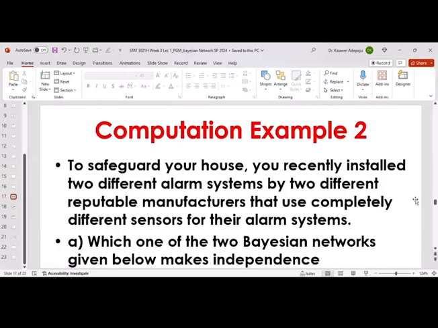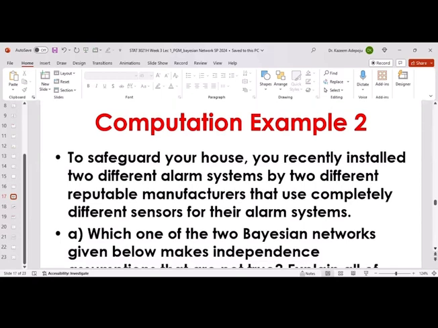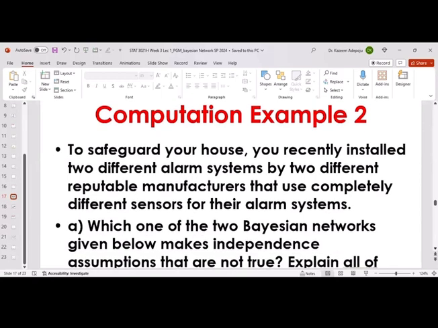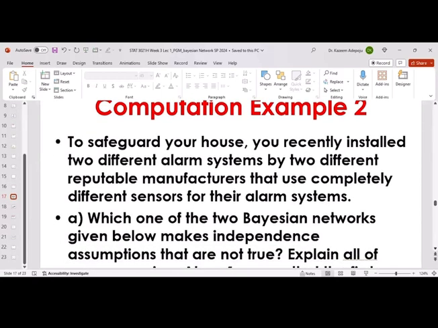Now, to safeguard your house, you recently installed two different alarm systems by two different reputable manufacturers that use completely different sensors for the alarm systems. A, which one of the two Bayesian networks given below makes independent assumptions that are not true?